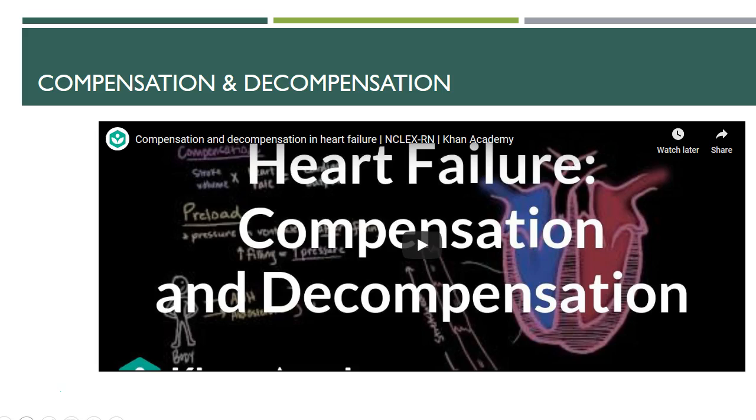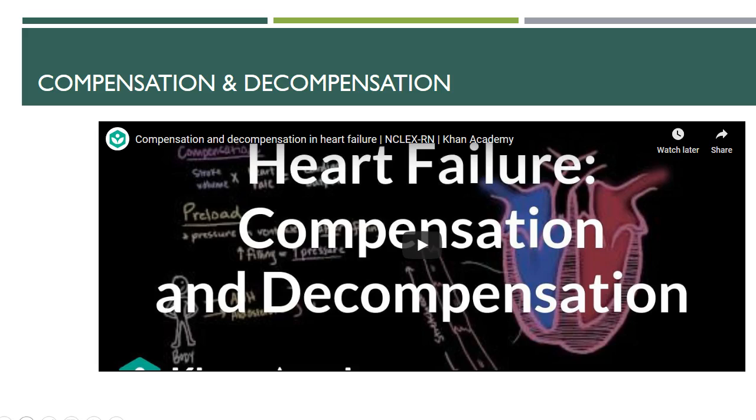So basically, we compensate by increasing our stroke volume and increasing our heart rate so that our cardiac output is increased. Because remember, cardiac output is stroke volume times heart rate.